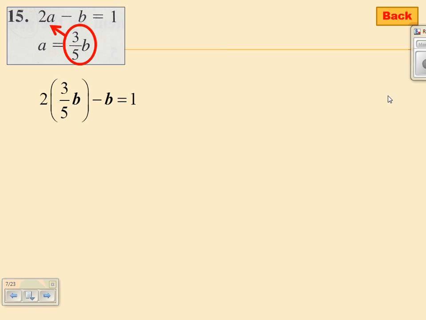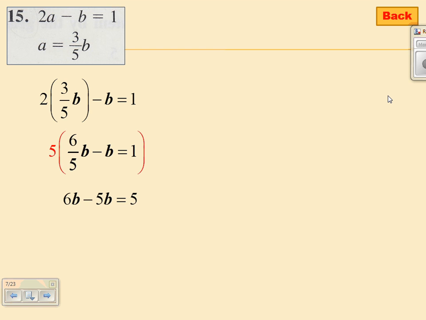I try to simplify the fraction part to get 6/5 b minus b equals 1. I don't like fractions, so I'm going to multiply everything by 5. I then get 6b minus 5b equals 5 if I multiply everything by 5. This then simplifies to b equals 5.